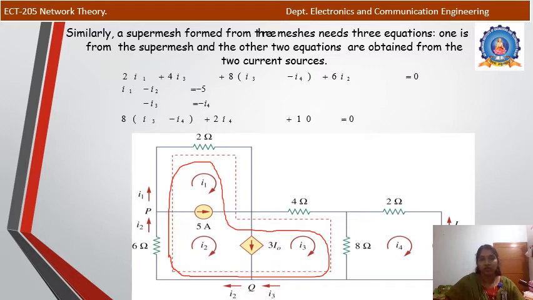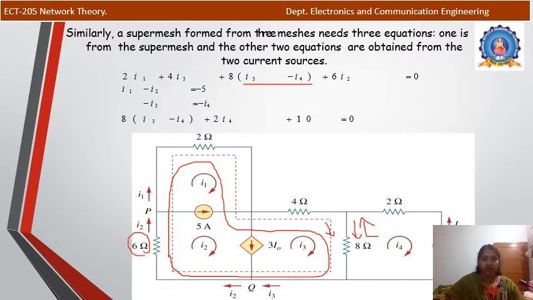So you go through the equations. Here 2I1 plus 4I3 plus 8 times I3 minus I4, because the current through the 8 ohm is I3 minus I4, as I3 and I4 are in opposite directions, plus 6I2, the 6 ohm with current I2, is equal to 0.